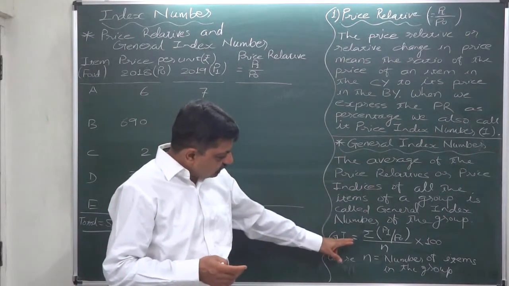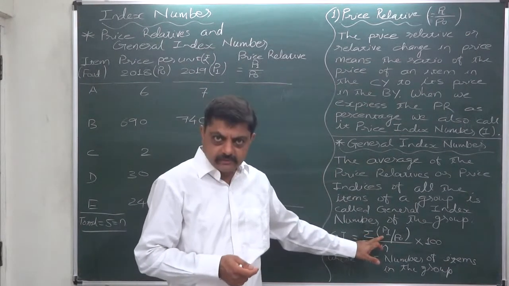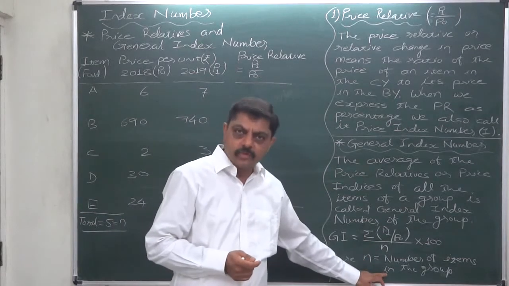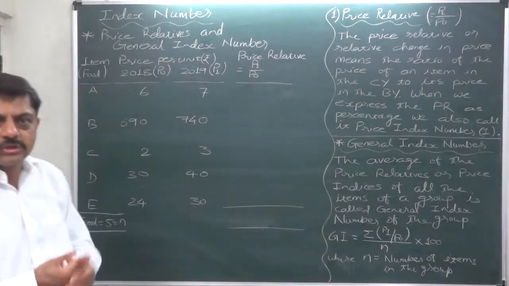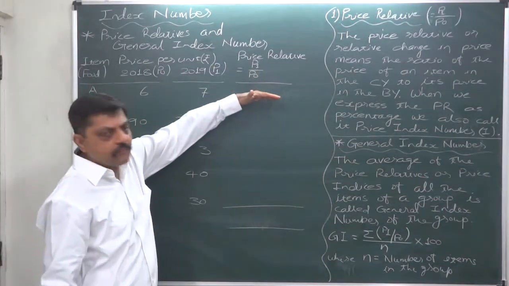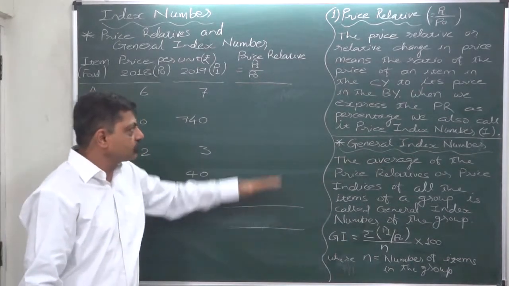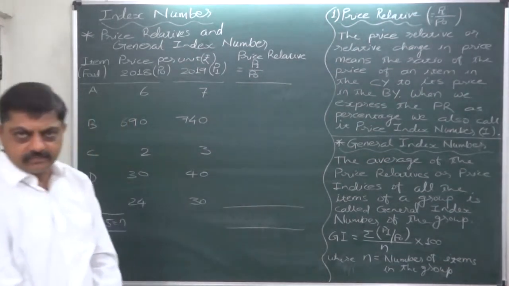General index equals the summation of price relatives of all the items divided by n, that is the number of items in the group, and multiplied by 100 to get the percentage. So first we calculate individually the index numbers of all the items. Then we find the average of index numbers of all the items, and that average is called the general index number.